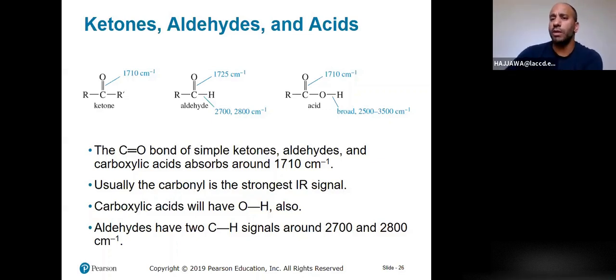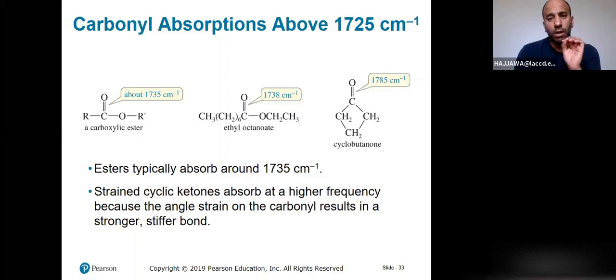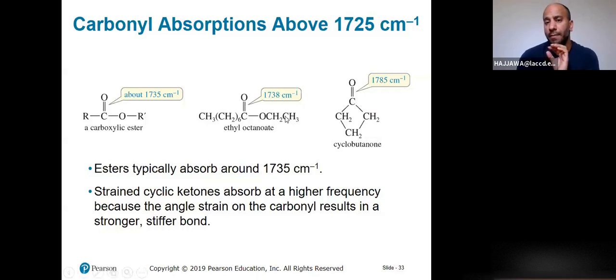Now let me start with the easiest one to tell. If you have an ester, a carboxylic acid ester, where basically the structure is RC(=O)OR, regardless of what R group you have in here, you're always going to notice that the carbonyl group absorbance will be the highest, around 1730 or higher.